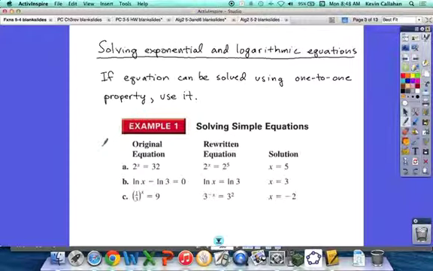Because we have an exponential equals an exponential, and the bases are the same, it must be that the exponents are the same. So the goal is just to write it so that both sides are powers of the same base, and then you have an equation in the exponents. x equals 5.